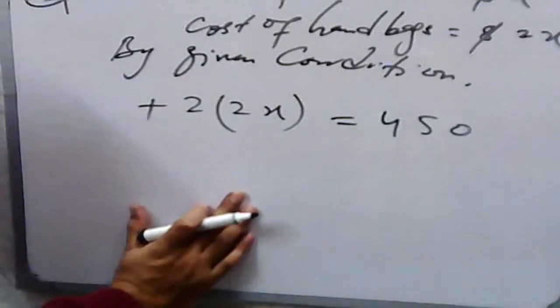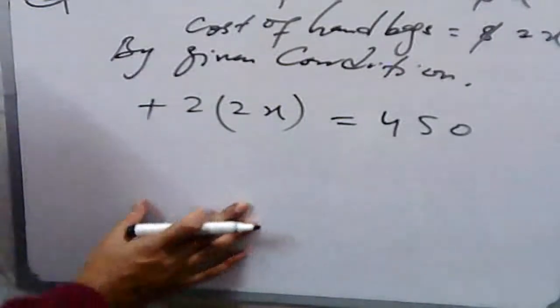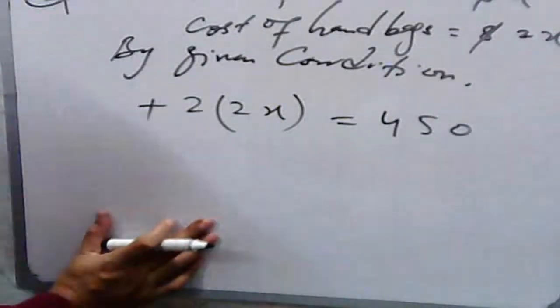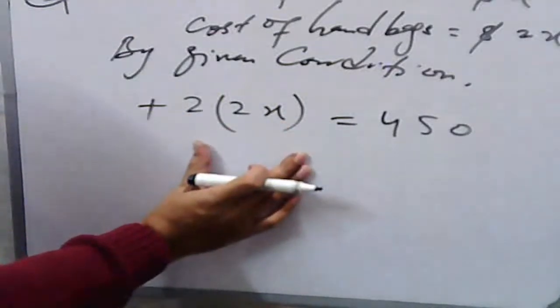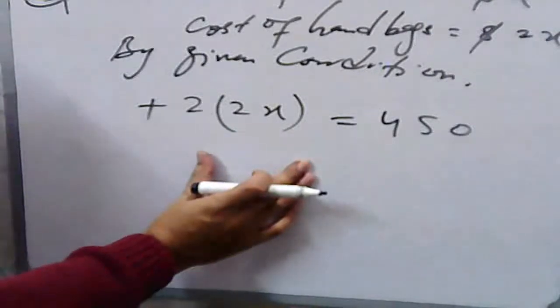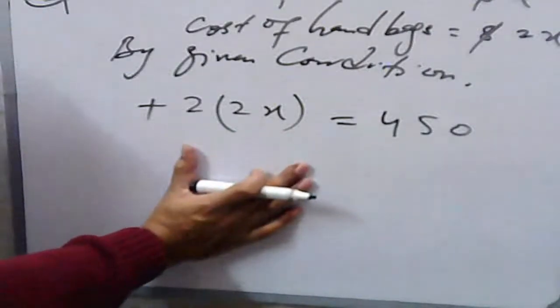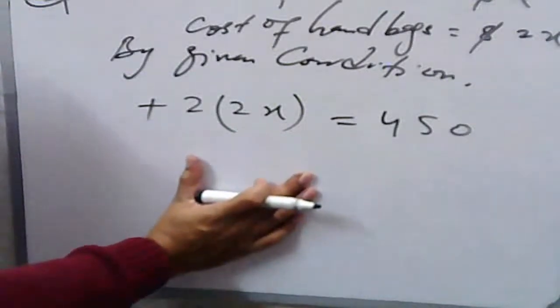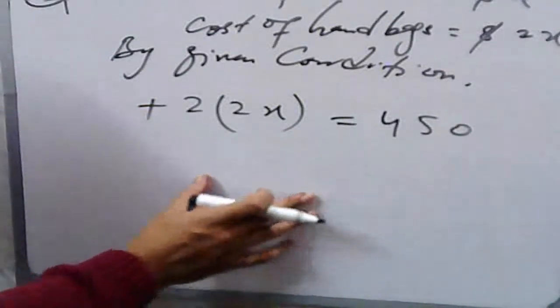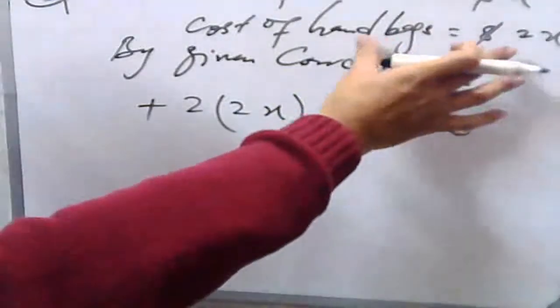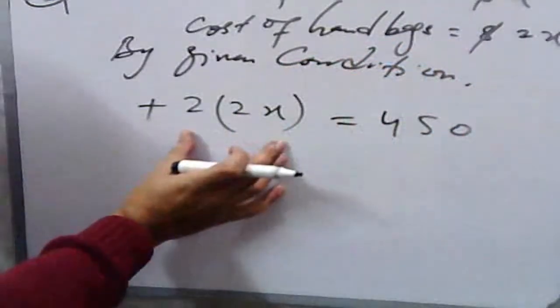So if a wallet costs $x, form an equation in x. 2 times the cost of a wallet for handbags, twice as a wallet. So 3 wallets and 2 handbags, it means 2 handbags and 3 wallets.